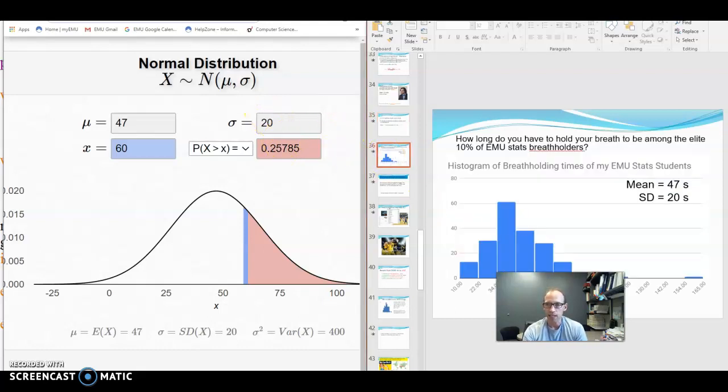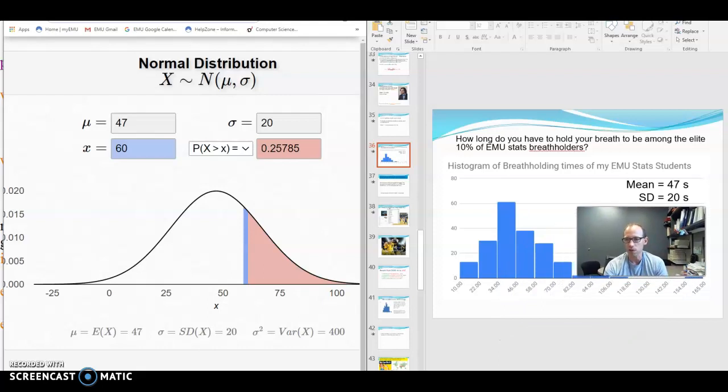Okay, and what about if we reverse the question? So instead of saying what portion of EMU students hold their breath longer than a certain time or less than a certain time, what if we wanted to be in the top 10%? So now instead of having some raw cutoff and then trying to figure out what portion are above or below that cutoff, we know what the cutoff is.